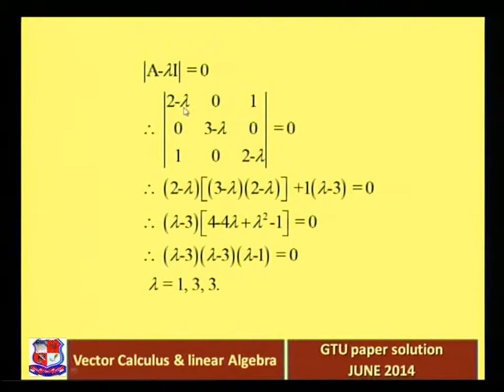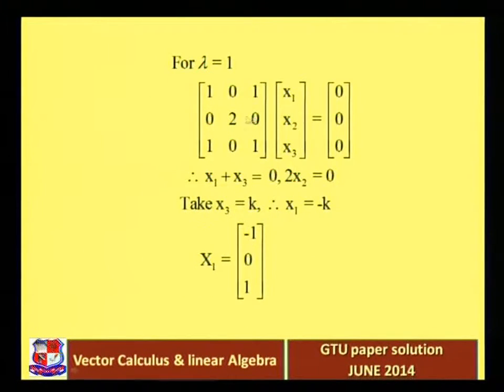So finally you will get 1 0 1, 0 2 0 and 1 0 1. So 1 0 1, 0 2 0, 1 0 1, times x1 x2 x3, is equal to 0 0 0. So you will get two equations, x1 plus x3 is equal to 0 and second is 2x2 is equal to 0. You can see first and third row are same.